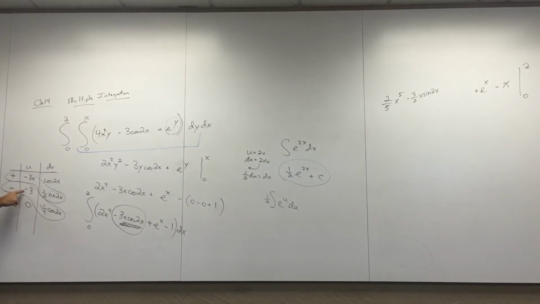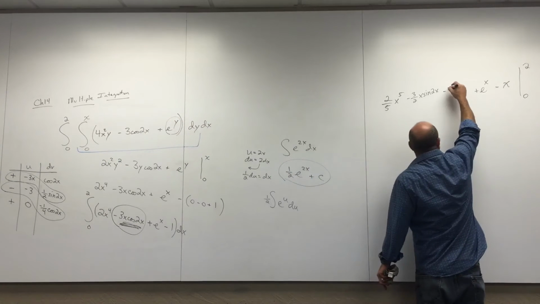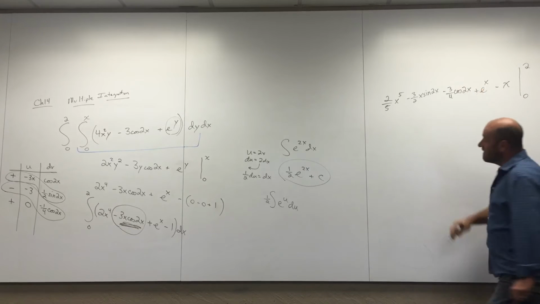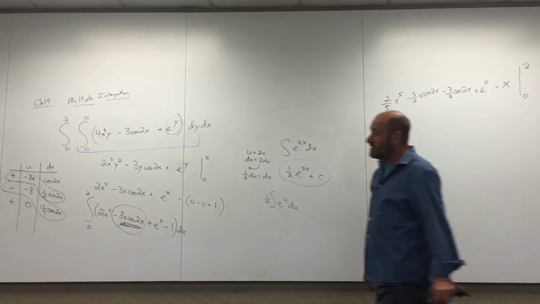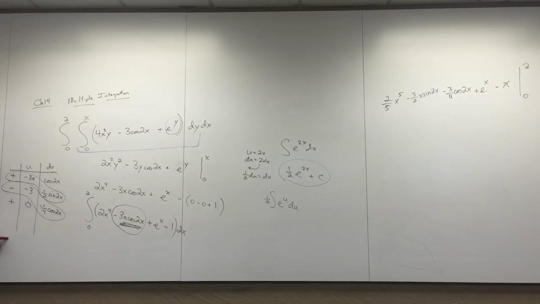A positive, oh no, a negative, see that negative? Negative 3/4 cos 2x. That's the answer. That took a little effort. How you guys doing? Any questions?